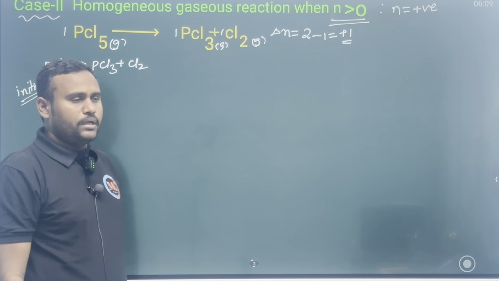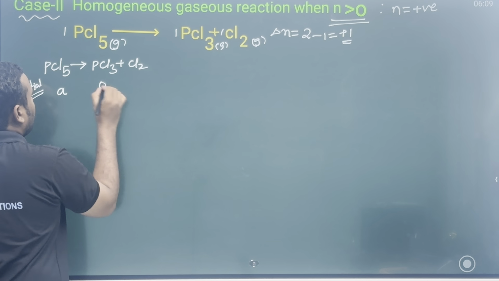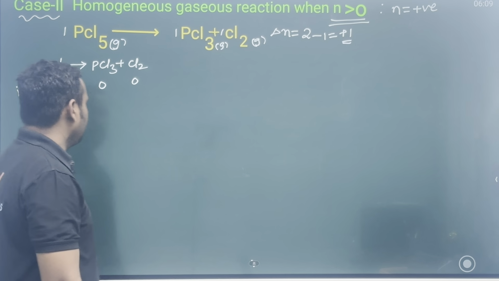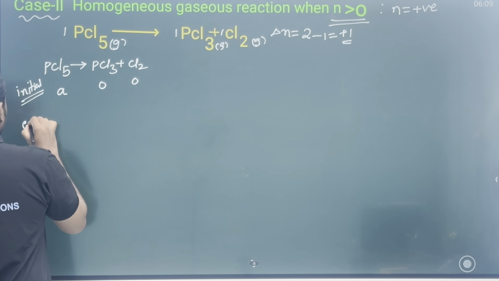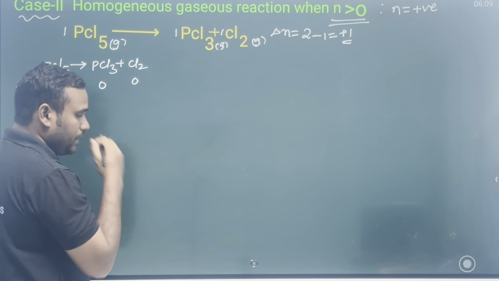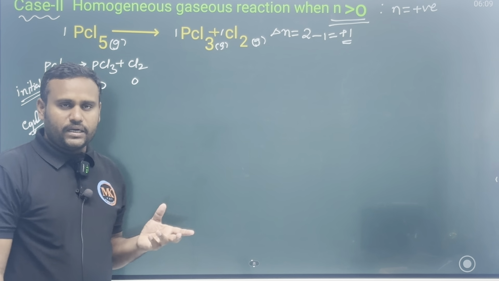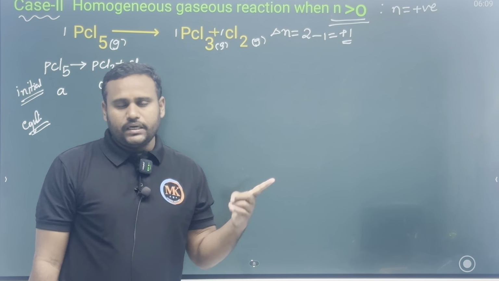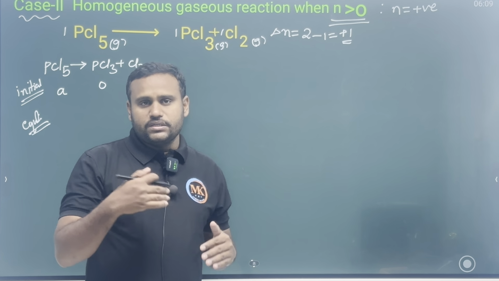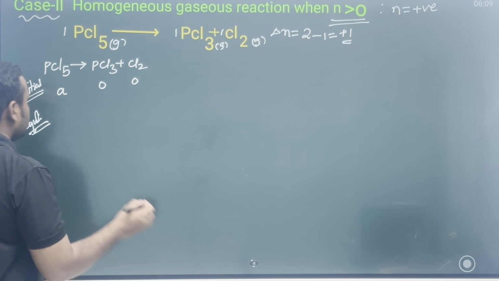We are going to take A, and there is no product, 0 moles of products are present, and at equilibrium, what we are going to observe here, only reactant is present, that's why the reactant is going to be converted into product. Some amount of the reactant is going to reduce. So what is the reduced value?